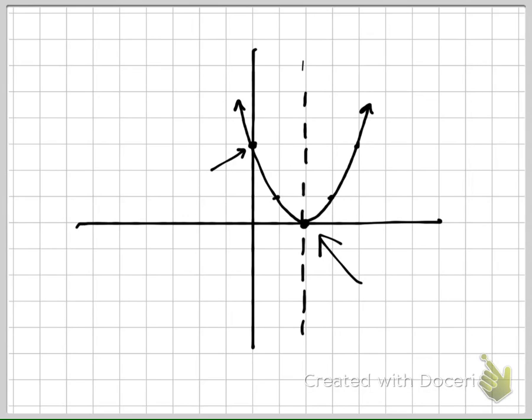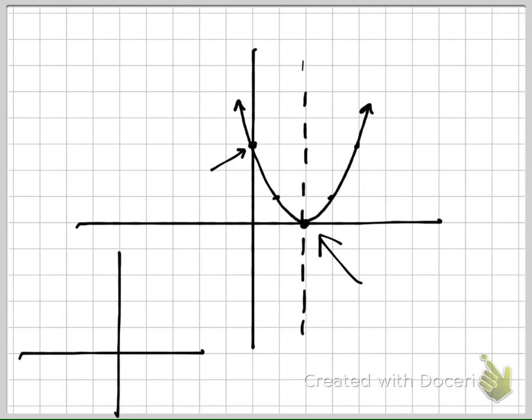You can always graph a parabola if you know 3 things. You only actually need to know 2. You want me to tell you what they are? If all I gave to you was this, I'm going to draw another one down here.